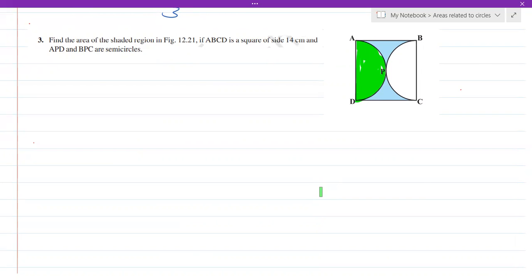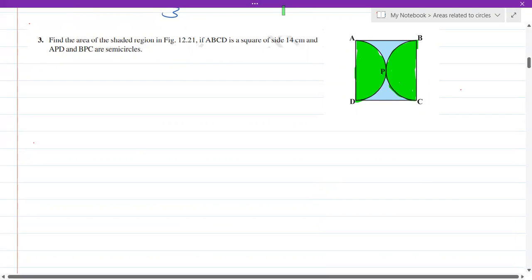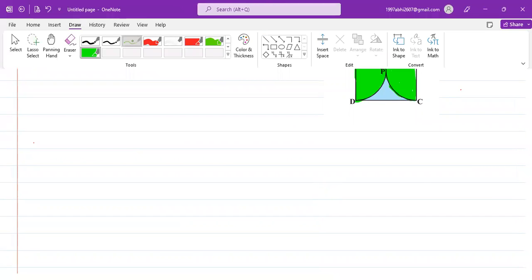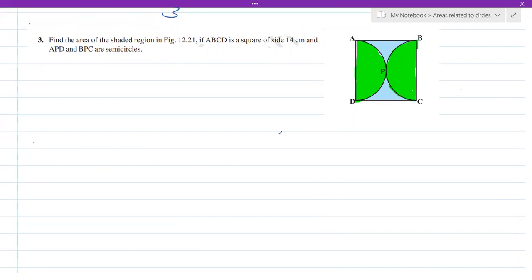Let's understand like this. I've colored this semicircle in green color. Let me also color the other semicircle in green color. Now very clearly from the figure you can easily get to know that there are two green regions, that is two semicircles, plus the blue region.